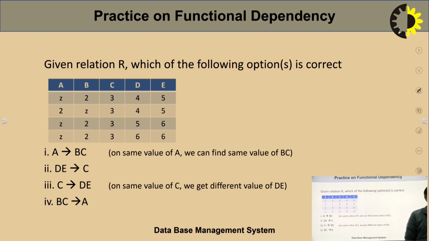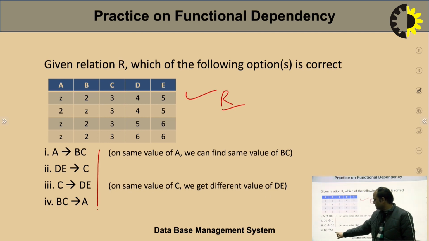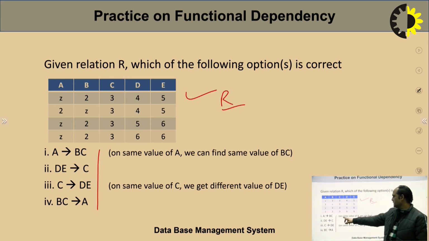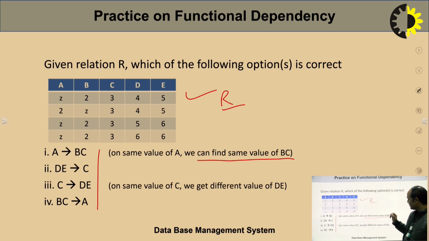Suppose we take an example of functional dependency. We have a relation R with five attributes A, B, C, D and E, and these are the functional dependencies. First, A tends to BC: on the value of A, we can find the same value of BC. On the same value of C, we can get the different values of DE. These are the correct options.